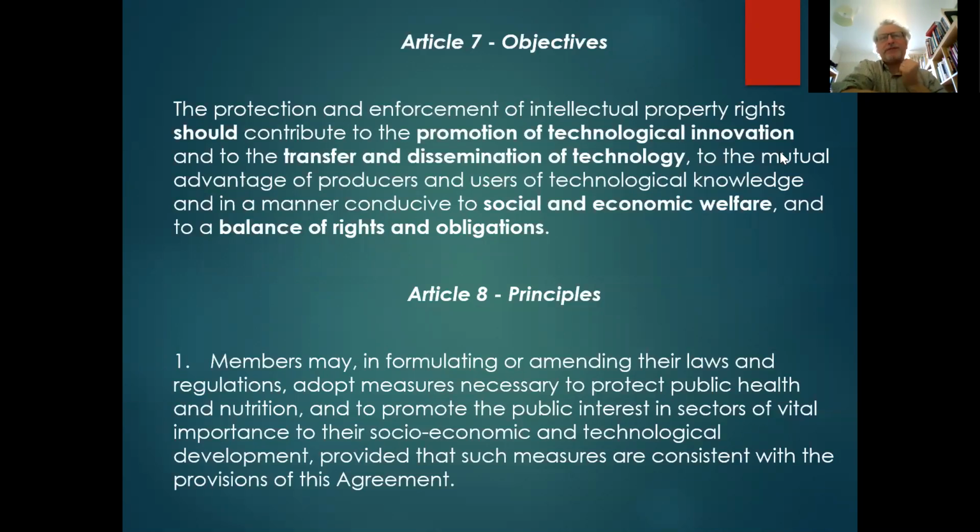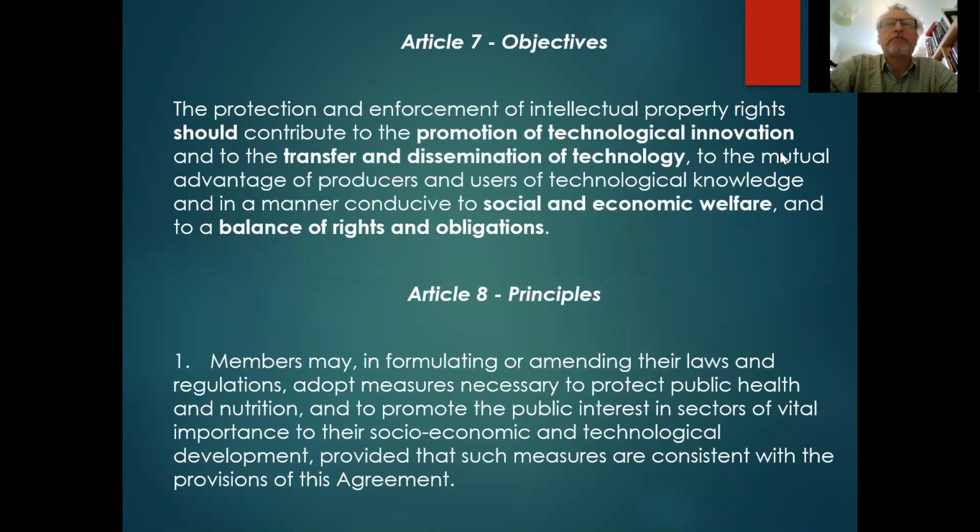So this language, measures necessary to protect public health, is there in a way to set some sort of balance. So you have to allow medicine to be patentable, but at the same time, if public health remains a priority for your country, then there must, again, be some kind of balance here.